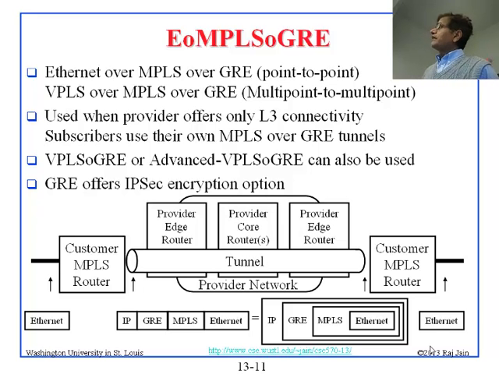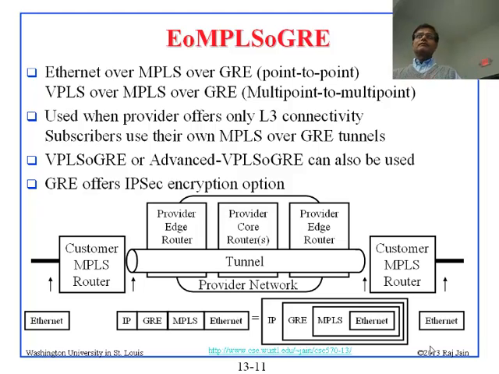Used when the provider offers only L3 connectivity. Subscribers use their own MPLS over GRE tunnels, and VPLS over GRE or advanced VPLS over GRE can also be used. Now, when we talked about MPLS, at that time we also talked about VPLS. MPLS is point to point, VPLS was point to multipoint or multipoint to multipoint.